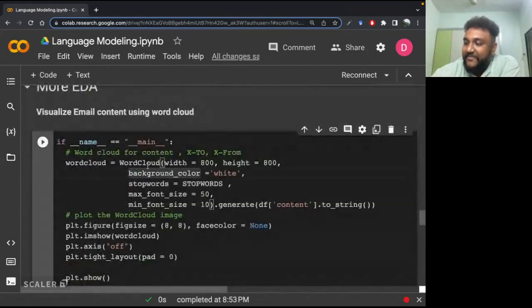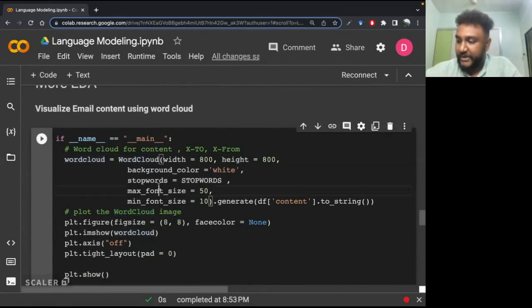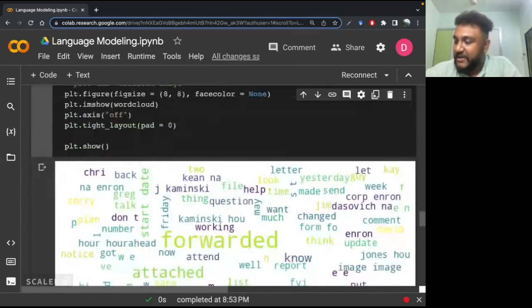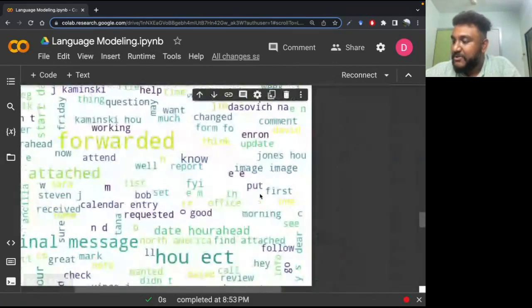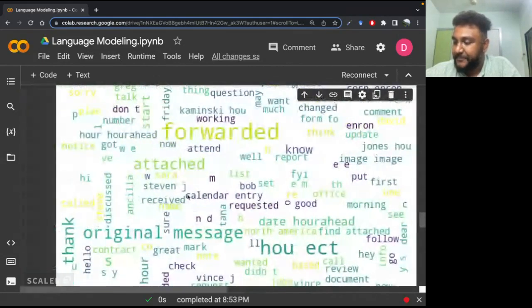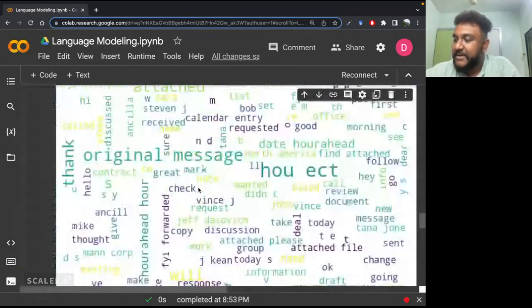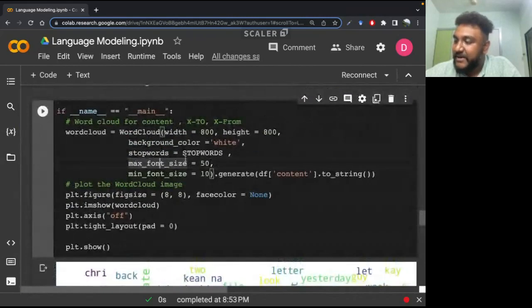So guys, this is where we are going to use word cloud to visualize what are the most commonly occurring words in our corpus. Okay. So this cell basically allows me to print all the most common words in my corpus. So internally, guys, word cloud actually stops printing stop words.